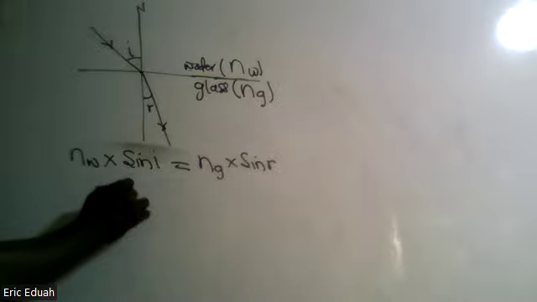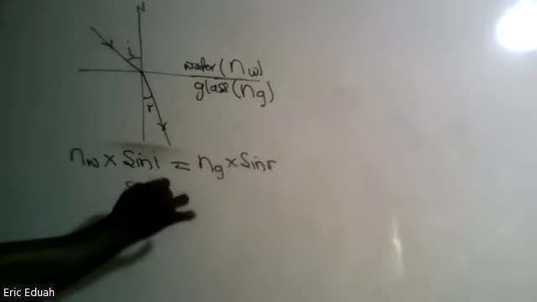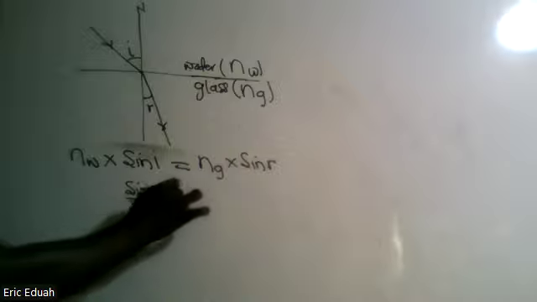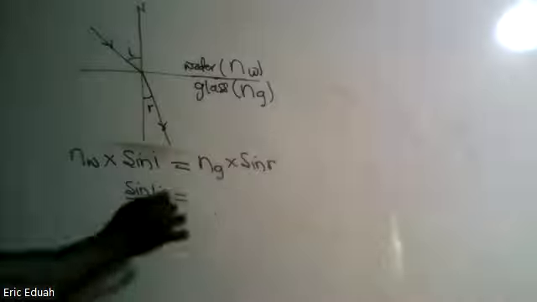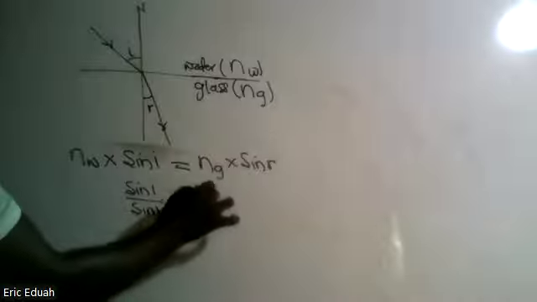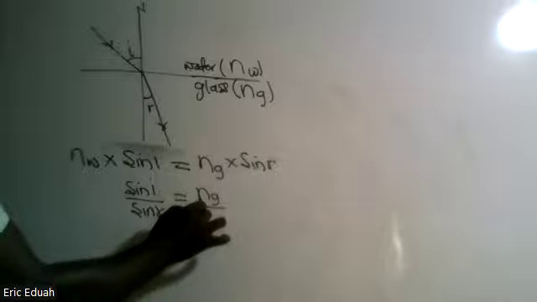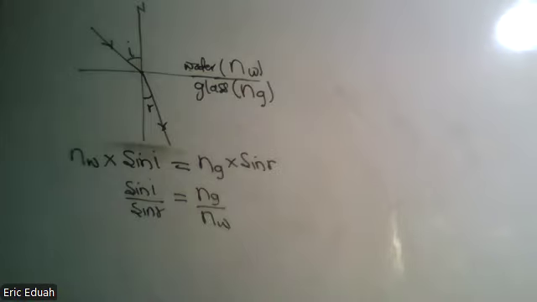So we made sine I over sine R the subject, and then got the refractive index of glass over the refractive index of water.